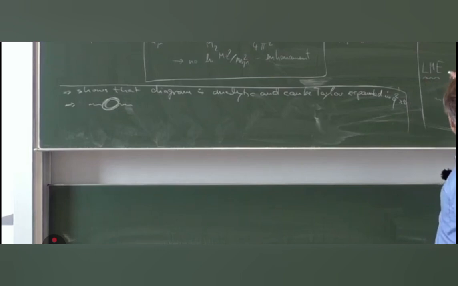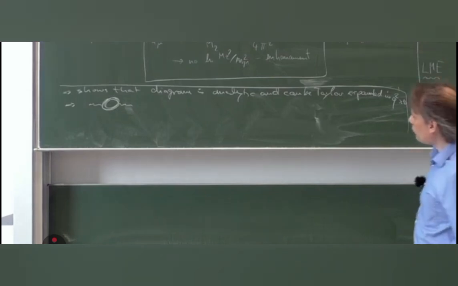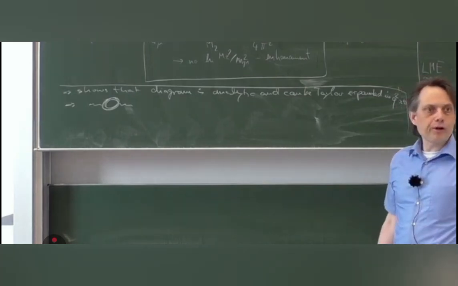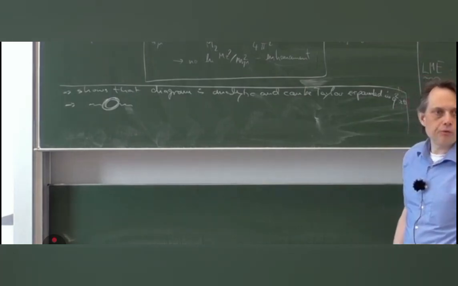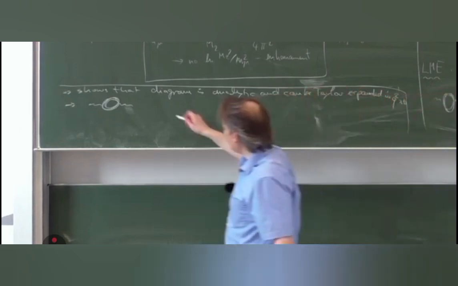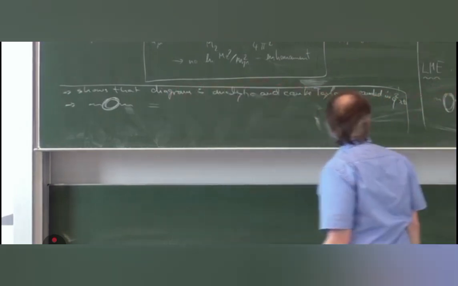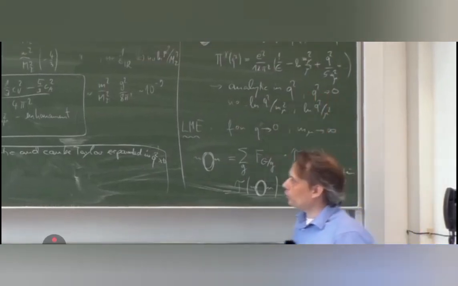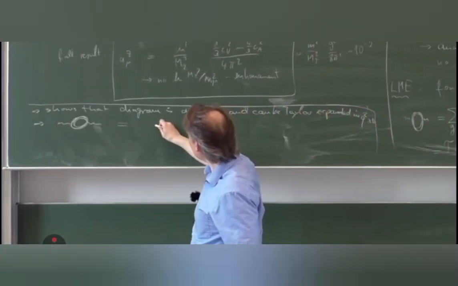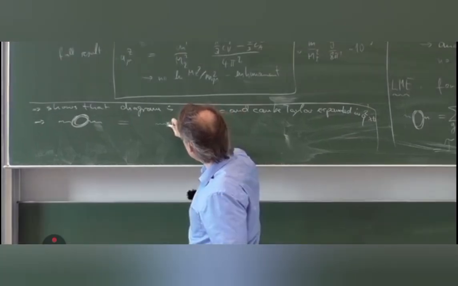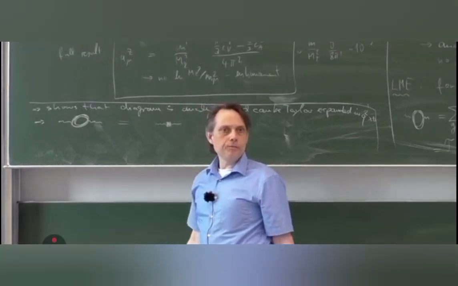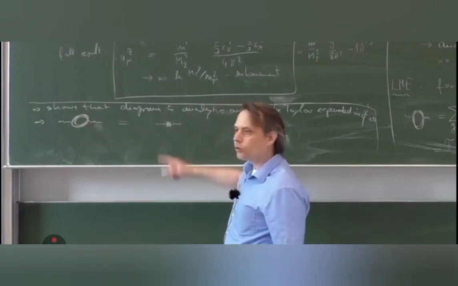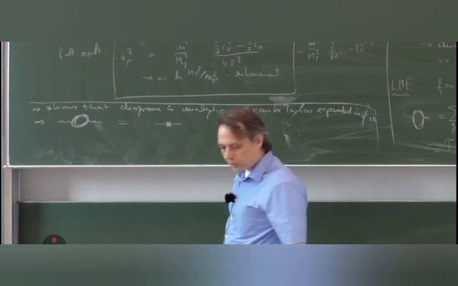If we say that the diagram can be Taylor expanded, in an EFT we would truncate the Taylor expansion at some finite order that we are, let's say, happy with. And if we truncate the Taylor expansion at some finite order, we get a polynomial in the external momentum. And a polynomial in the external momentum can be written as a local Feynman rule of an EFT. So therefore, what it means is that the diagram can be expressed as a local Feynman rule of some effective field theory Lagrangian.